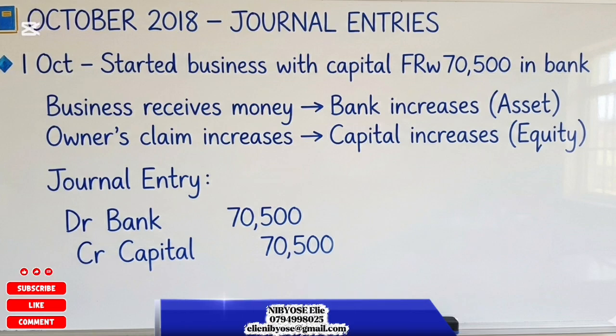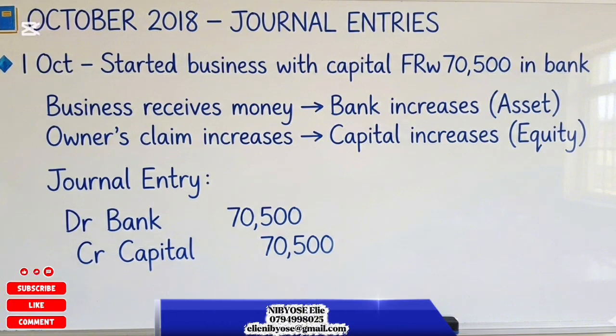We are going to start with the transaction that took place on the 1st October, where the owner of the business started the business with capital of 70,500 Rwandan francs in bank. This means the business receives money, and the bank increases as an asset, and owner's equity or capital also increases. And we all know that when an asset increases, we debit.